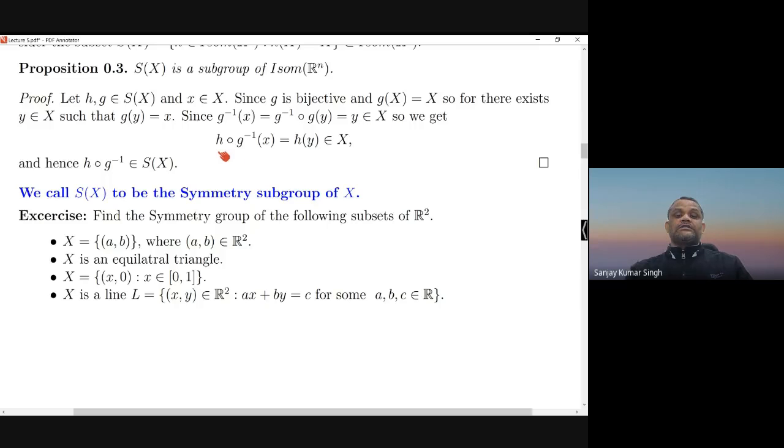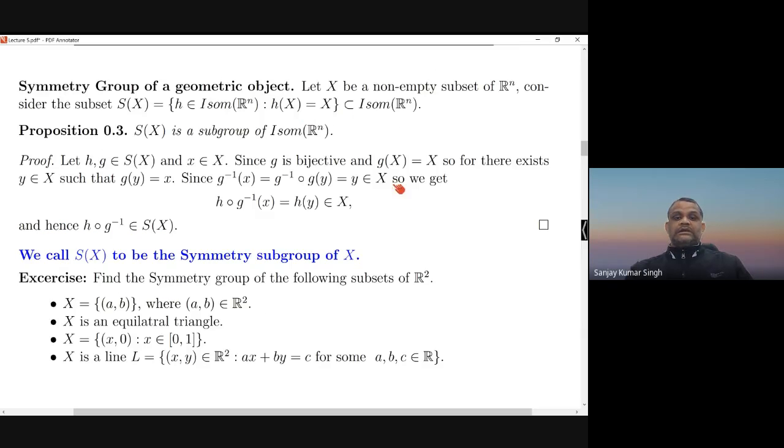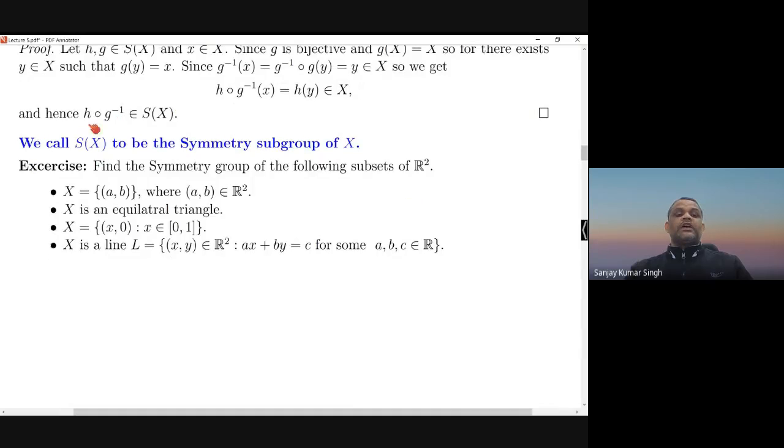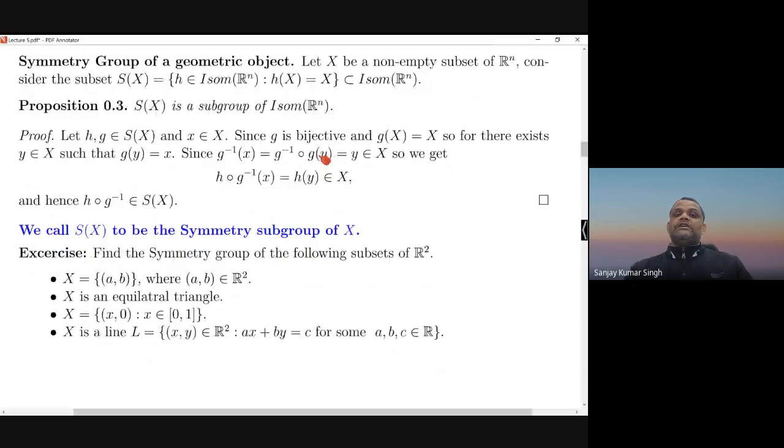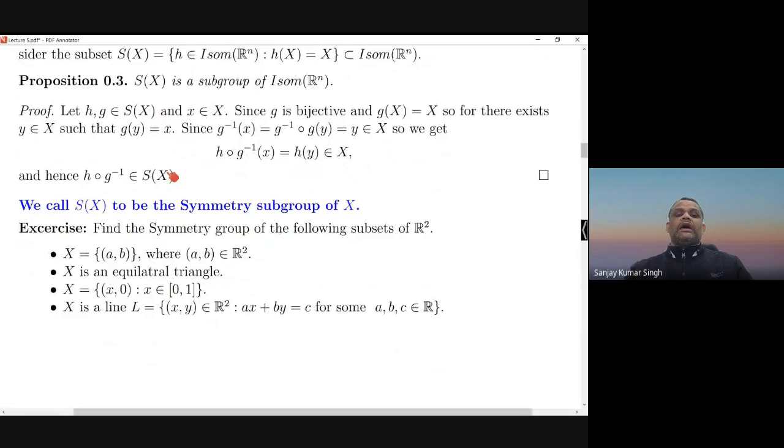So we get H composed with G inverse of x is nothing but H(y), and hence it belongs to X, because y belongs to X and H(X) is equal to X. Thus we have proved that this composition H composed with G inverse is also an element of this set, and it implies that this subset is actually a subgroup of the isometry group of R. And we denote this group as the symmetry group of the object X.